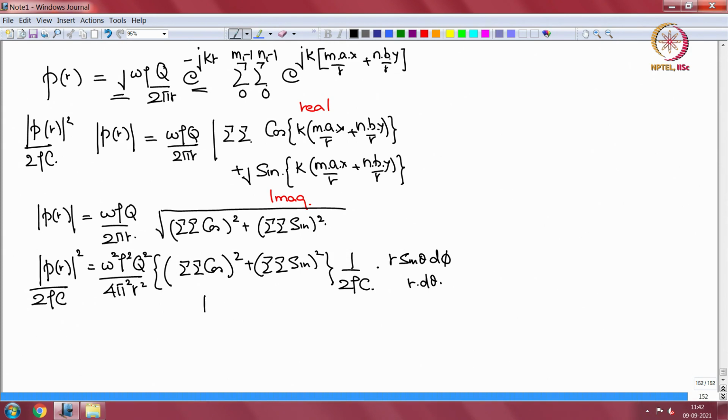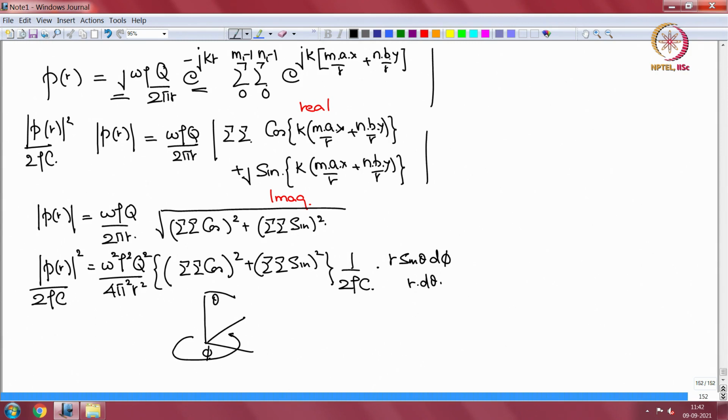Where theta is the elevation angle measured this way and phi is the azimuthal angle measured this way. Okay, r sine theta d phi r d theta.